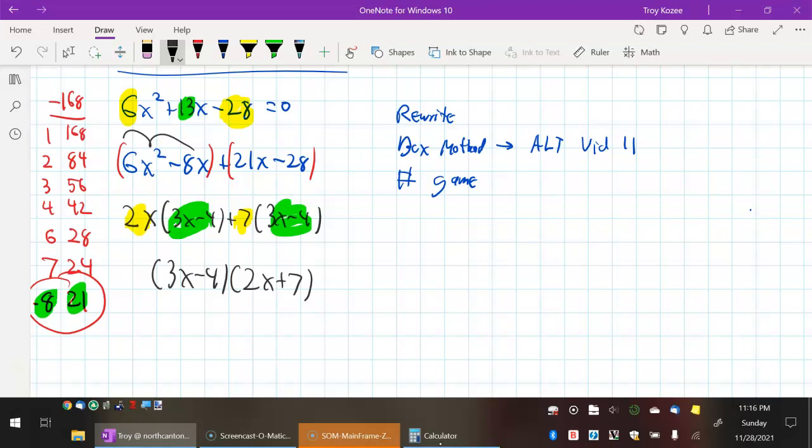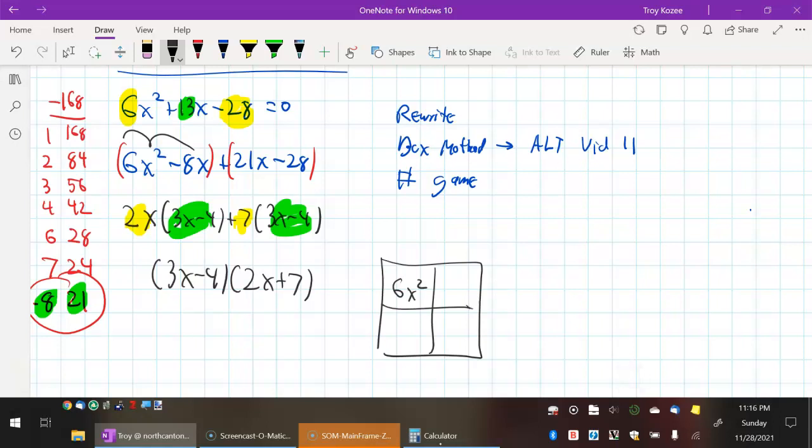The box method does the same thing, but instead of rewriting the middle, you set up your factors in a box. The first term goes in the upper left box.